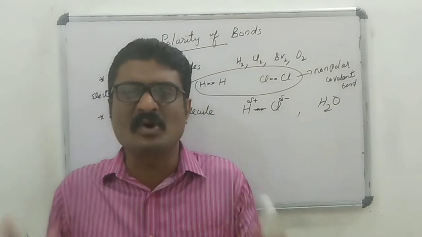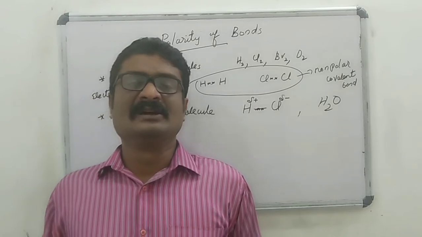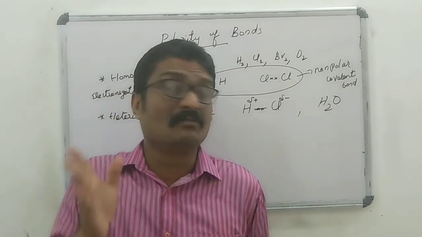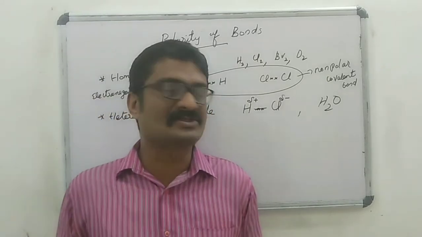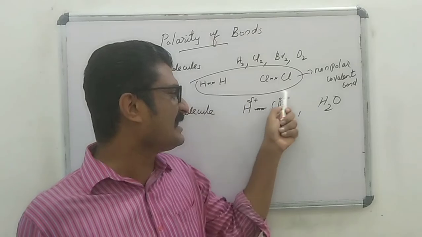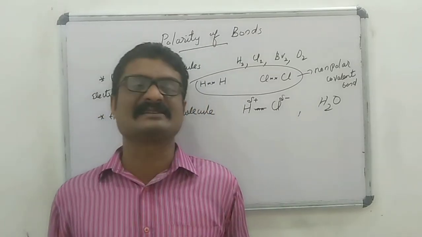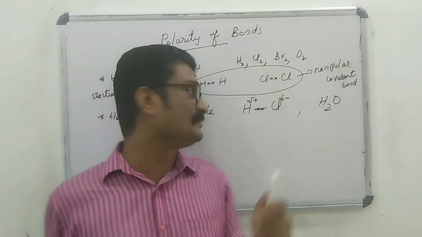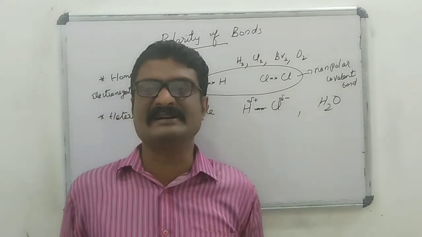If a covalent bond is formed between two different atoms, the bond pair of electrons is displaced towards the more electronegative atom. Hence, the electron density around the more electronegative atom increases, and it acquires a partial negative charge, delta minus.